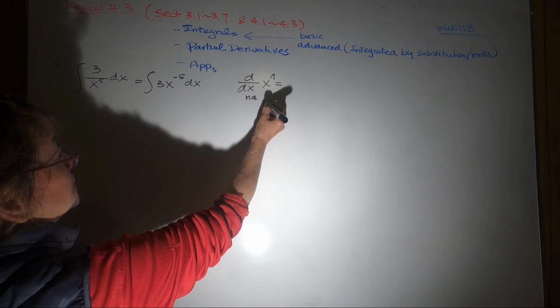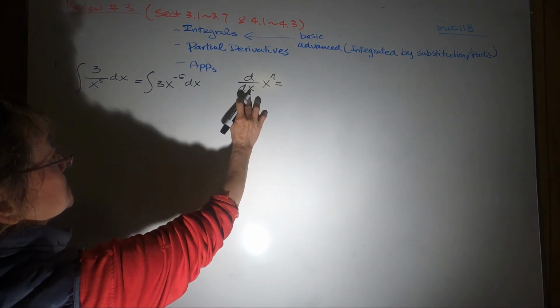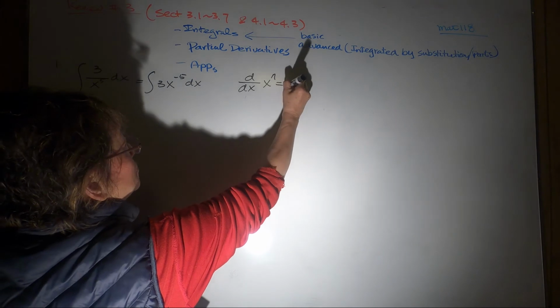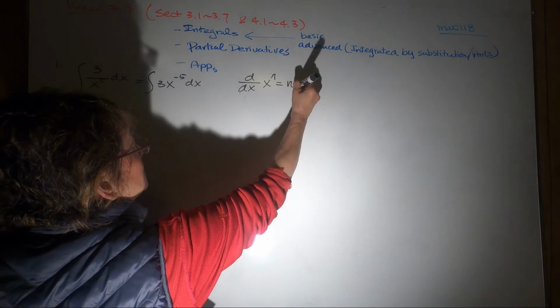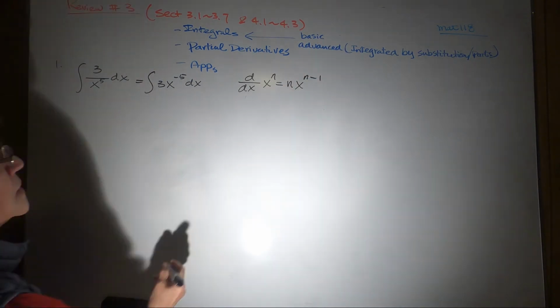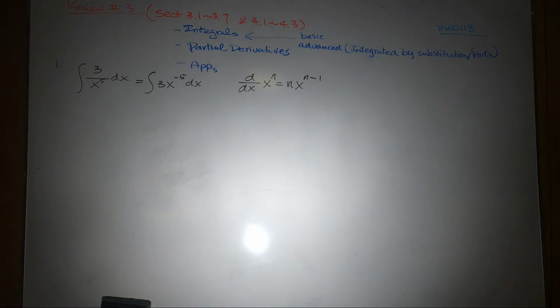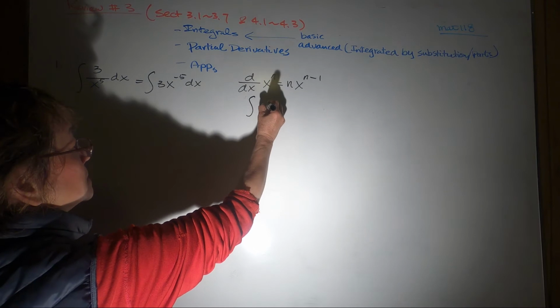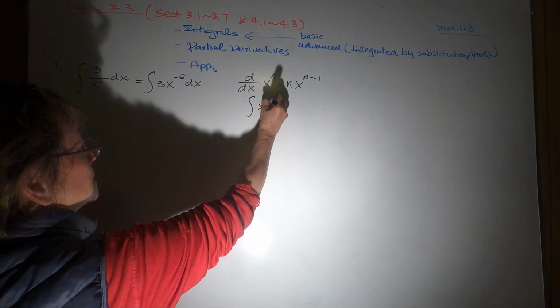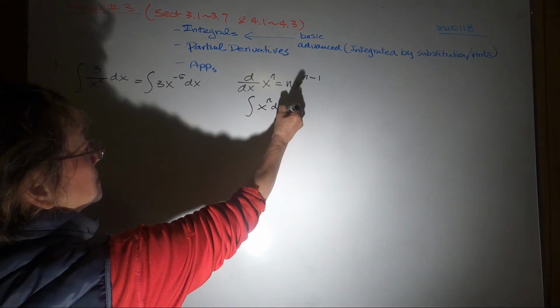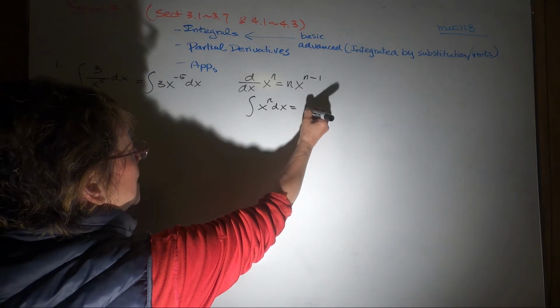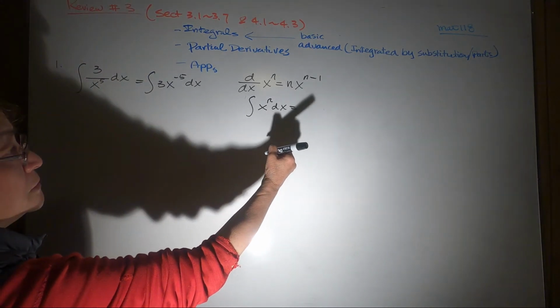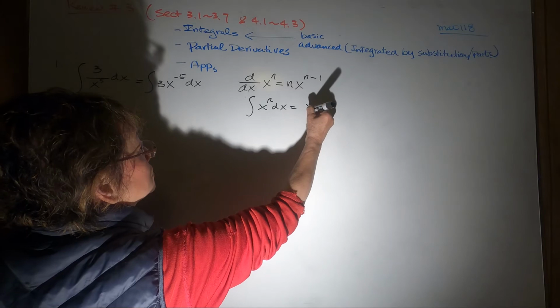then n is not what? For the derivative, that will drop one level to x^(n-1), right? Then if we do the opposite, x^n dx would go up one level higher, right? Indefinite integral.